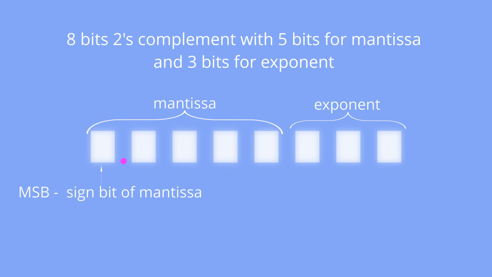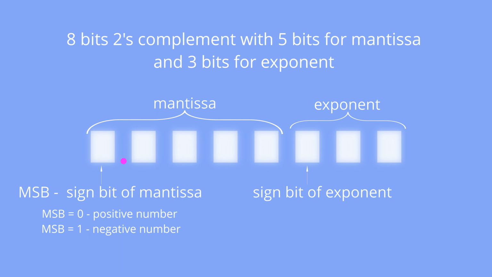The extreme left bit of the number, or MSB, is a sign bit of the mantissa. The third bit from the right, or the extreme left bit of the exponent, is the sign bit of the exponent. If MSB equals 0, a number is positive. If MSB equals 1, a number is negative.